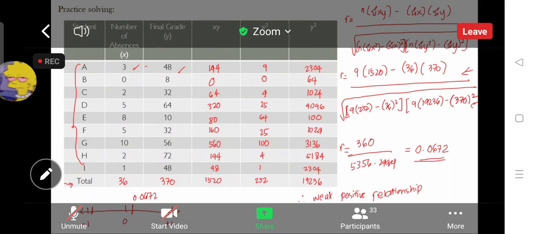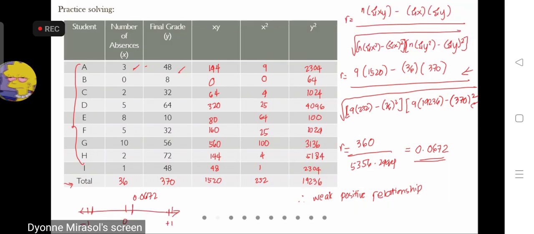So if magkuan ka, hypothesis testing, okay, ang hypothesis testing man, mo test siya if significant ba yung linear relationship, ini significant ba yung correlation nga na solve.